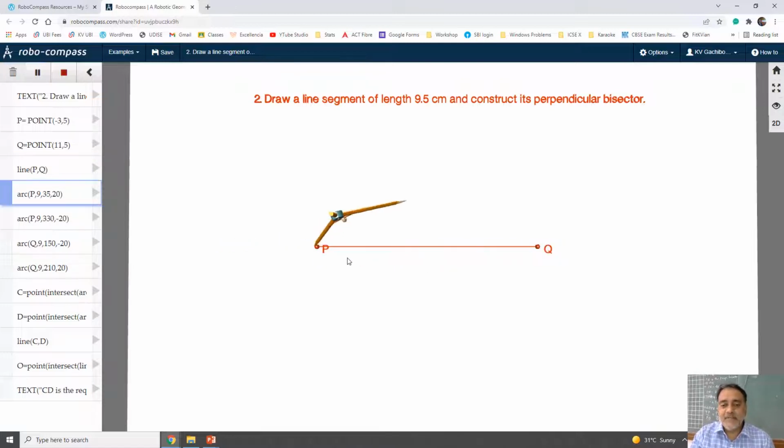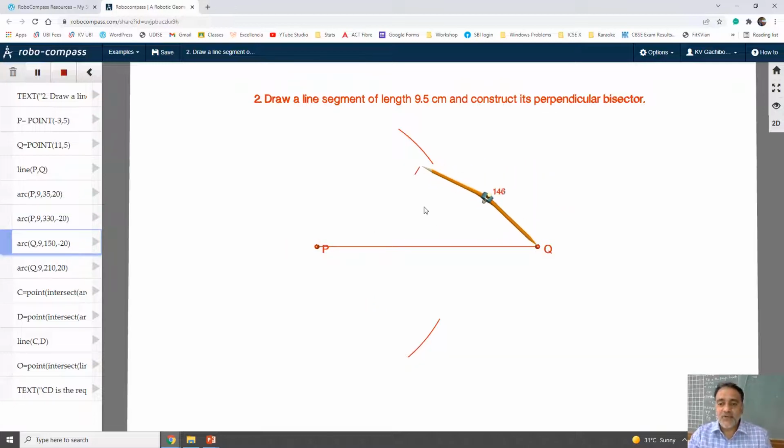Now with center P, we will draw 2 arcs on both sides, up and down, ठीक है, top and bottom, such that the radius should be more than half of PQ. Now with the same radius with center Q, we have to draw. Q से draw कर रहे हैं, देखो, both will intersect at point C and D. बिल्कुल similar है जो हम लोग अभी पिछले क्वेश्चन में किए.